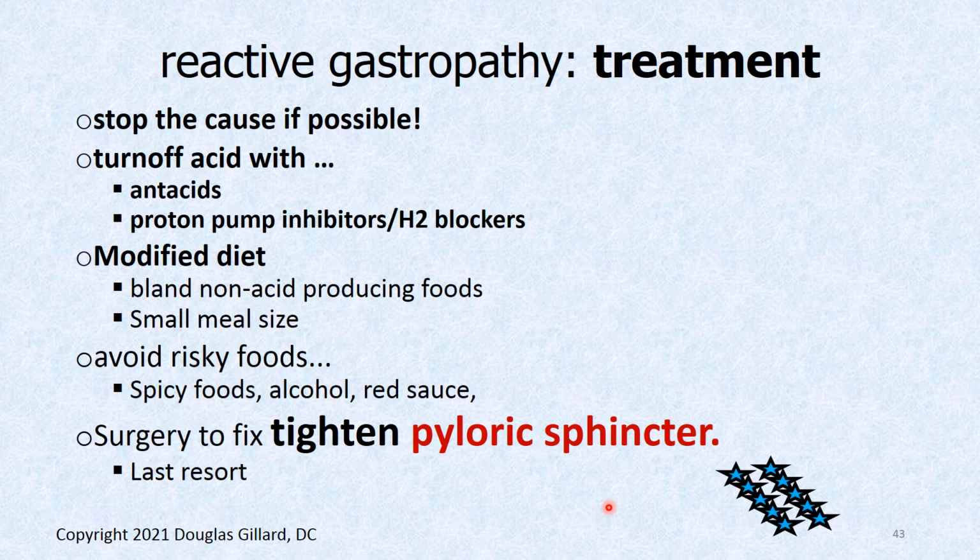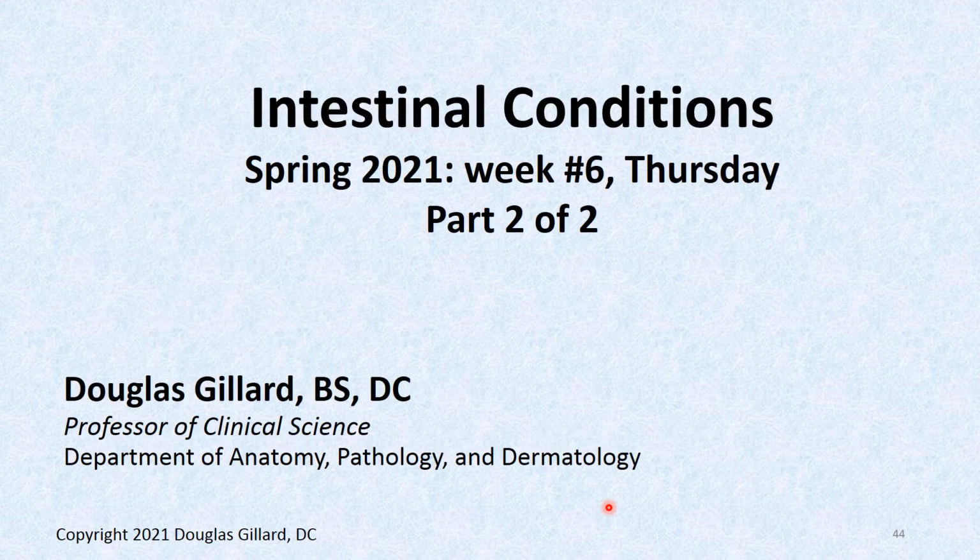If the GMB is gone, you better shut off the acid as much as possible. And then modified diet, all the things we talked about for GERD and for dyspepsia, that bland diet, no red sauce, no alcohol, small meals. If none of that works, then the ultimate fix is to go in there surgically and tighten up the pyloric sphincter, which can lead to other troubles like delayed gastric emptying, but we won't go down that rabbit hole.